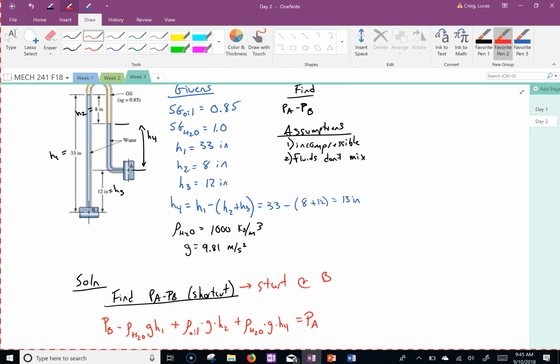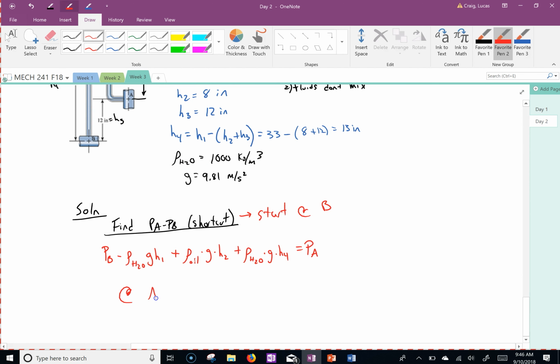This whole curve to here is oil, and that's the same pressure. I'm going to go down the leg. So I add the density of oil, the G and the H value of that section. Then it's a new fluid going down the same leg, so I add rho GH of water. And then finally I reach my destination. I set it equal to PA.